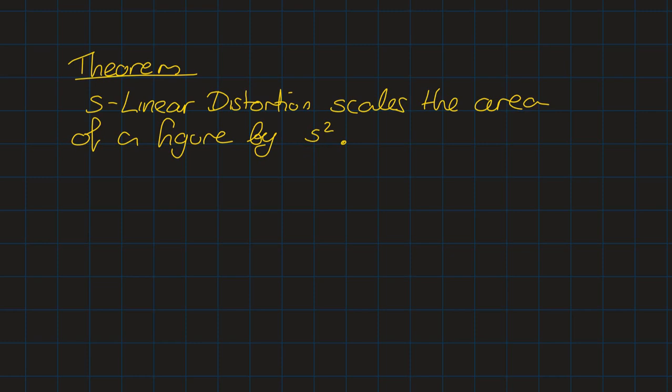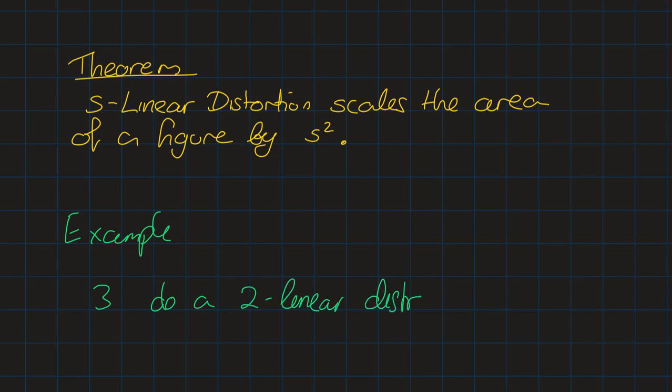So that means, for example, if the area of your figure used to be 3, and you do a 2 linear distortion, then the new area is 3 times 2 squared, which is 3 times 4, which is 12.